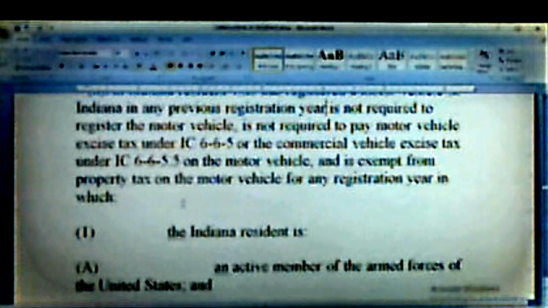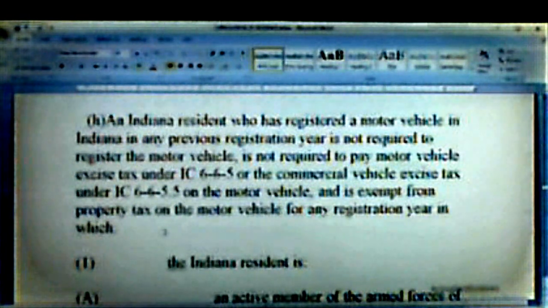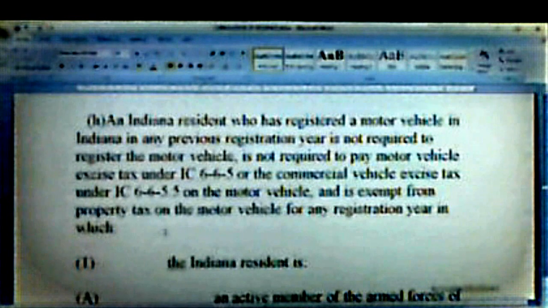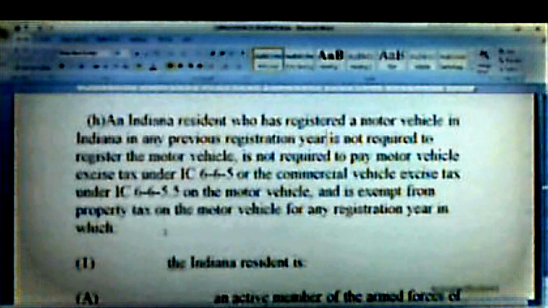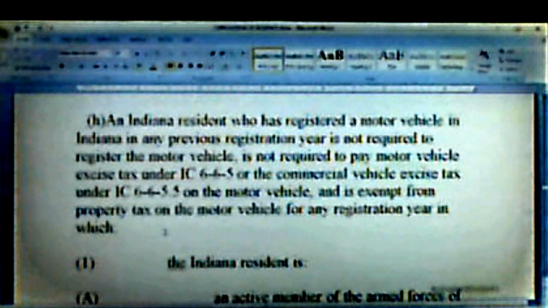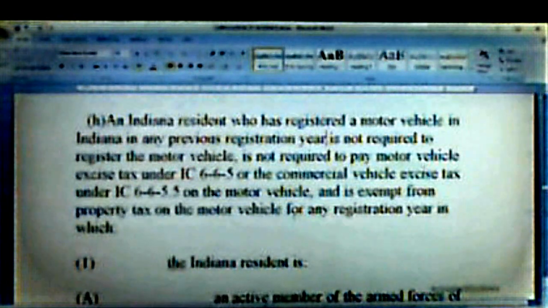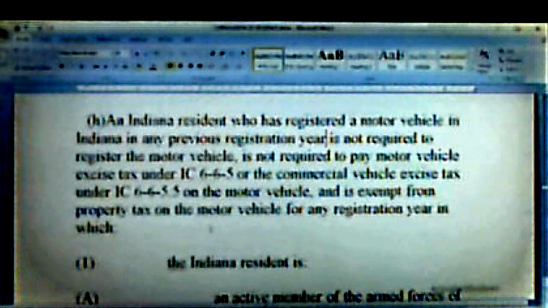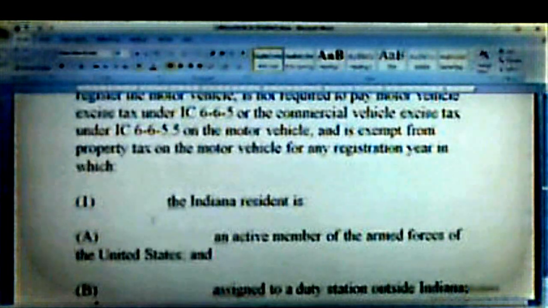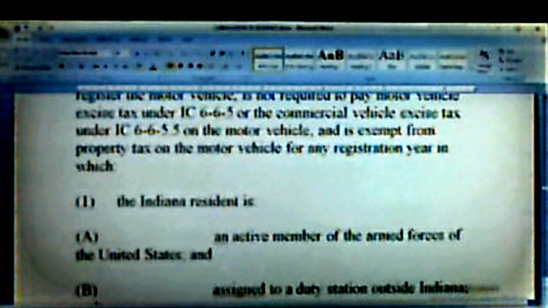Right? Yet what are you doing every year? Right? What do they do to you every year? Every year you go back up there, they give you a new registration and a set of tags. And that right there says you're only required to register it the first time. So now we're getting a picture of just how big of crooks these guys are. Right?